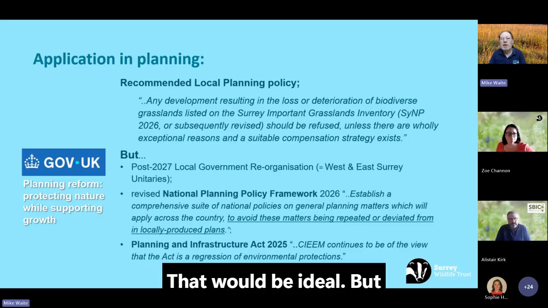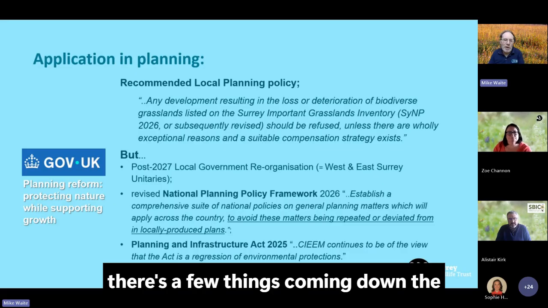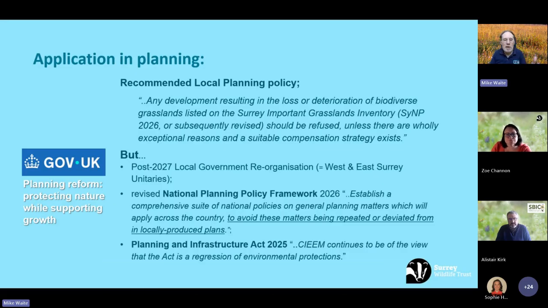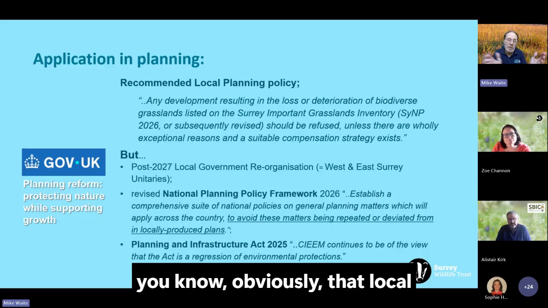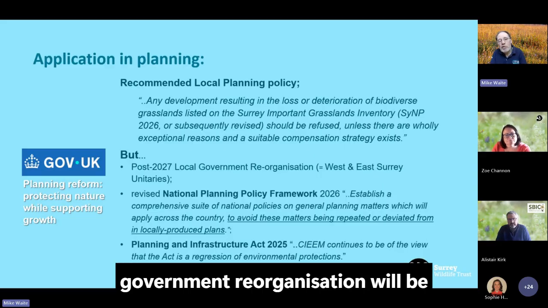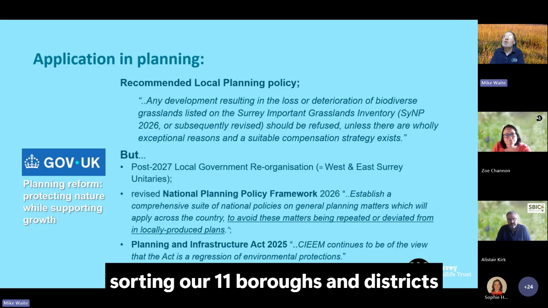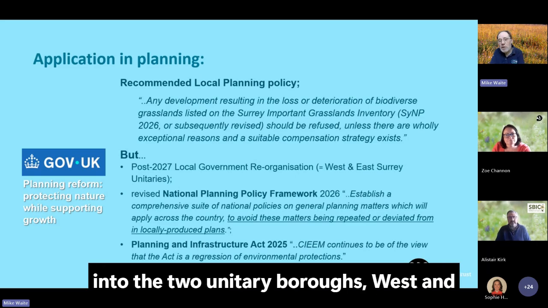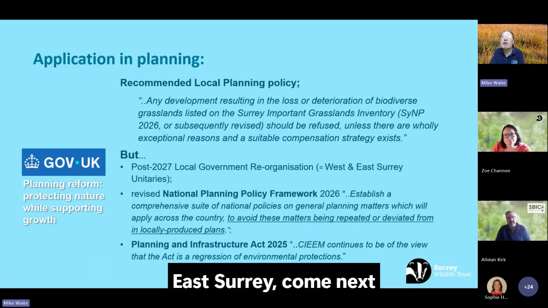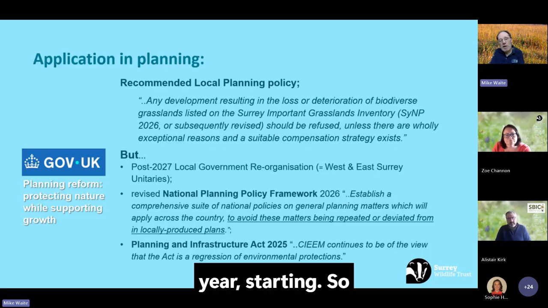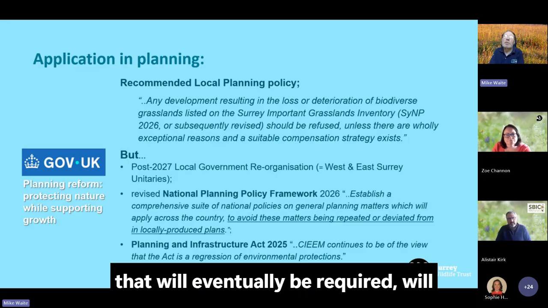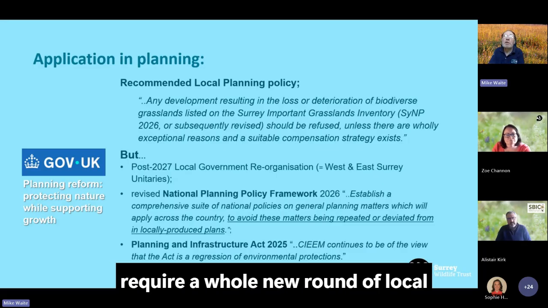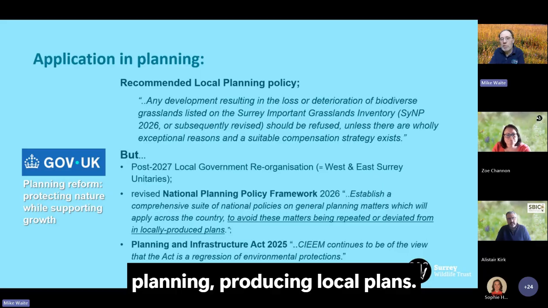That would be ideal. But there's a few things coming down the pipe, and just to bring things up to the current state of affairs in planning, obviously the local government reorganisation will be sorting our 11 boroughs and districts into the 2 unitary boroughs, West and East Surrey, starting next year. That will eventually require a whole new round of producing local plans.